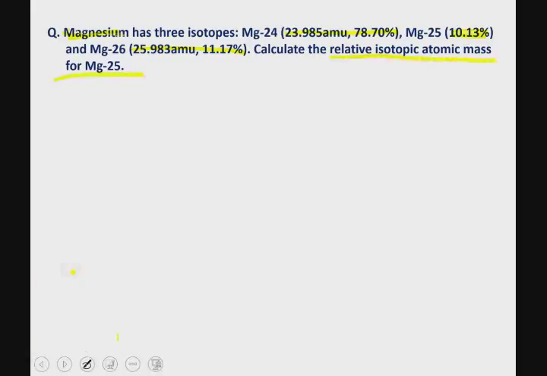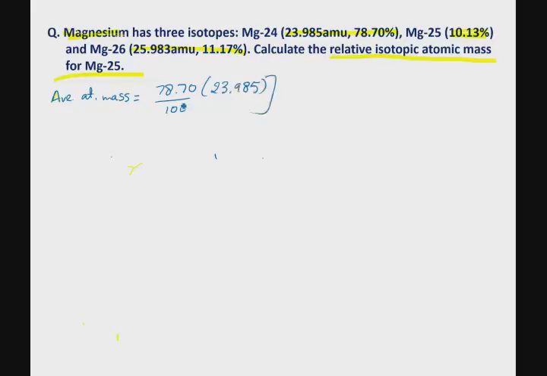So let's substitute the data given into the equation and see what that looks like. Now, we know that the relative average atomic mass of the element equals percent natural abundance 78.70 divided by 100 times its isotopic mass for the first isotope, plus percent natural abundance divided by 100, but we don't know its isotopic atomic mass.